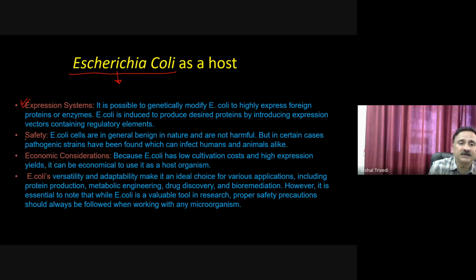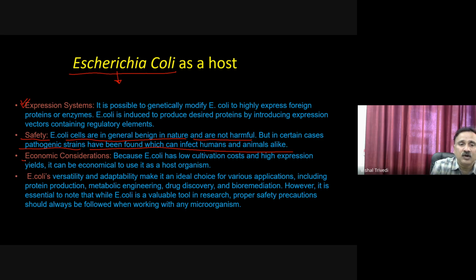Now, the fourth is the safety part. E. coli is very safe because it does not cause any very harmful diseases, except the pathogenic strains. Some E. coli strains are pathogenic, but the majority of these strains are non-pathogenic.